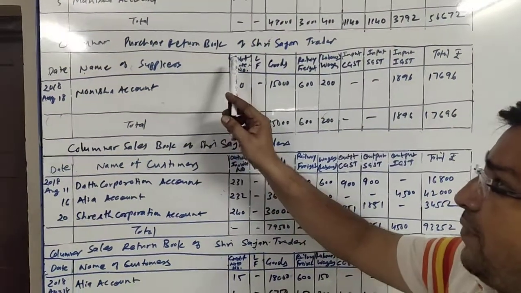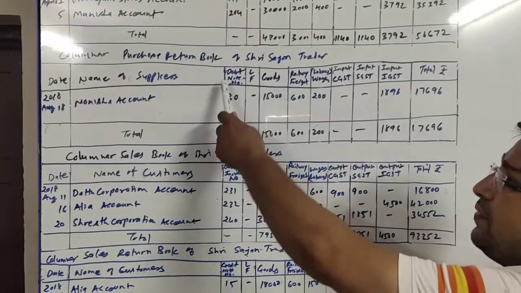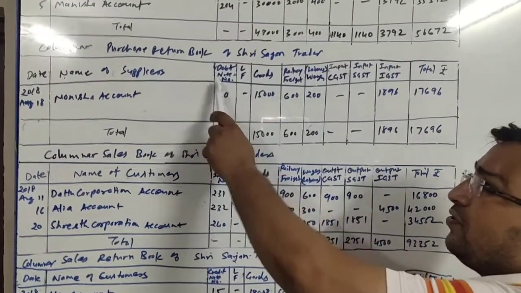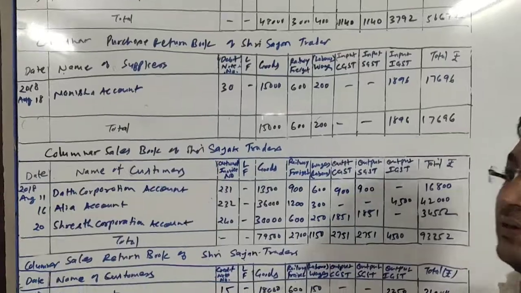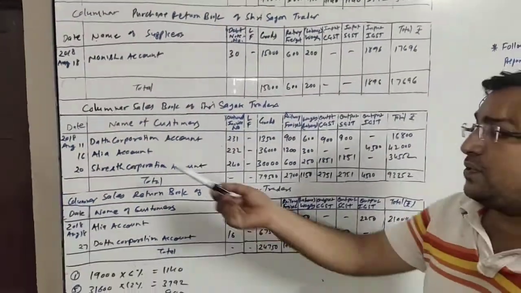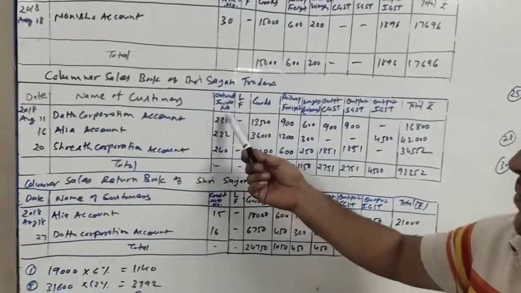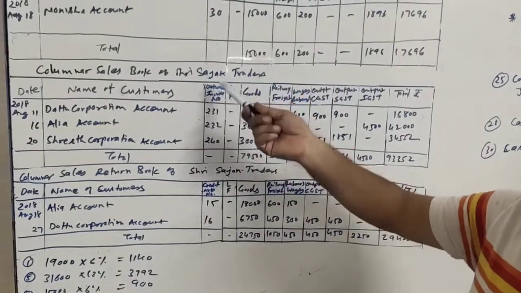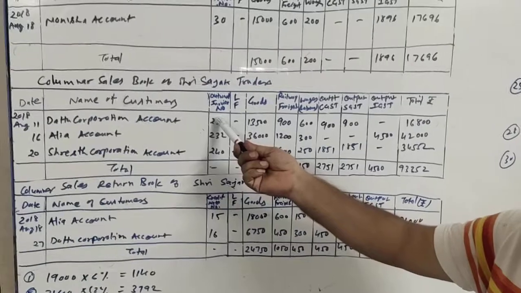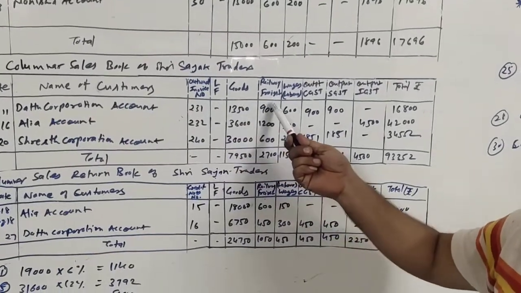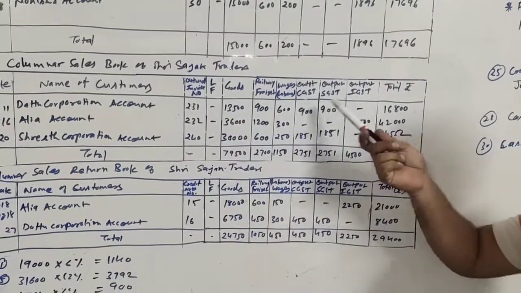One column will be different. Instead of inward invoice number, in the purchase return book what do we write? Debit note number. Then come to the sales book. There will be a similar number of columns: date, name of customer, and instead of inward, outward invoice number, LF, goods, railway freight, wages, output CGST.